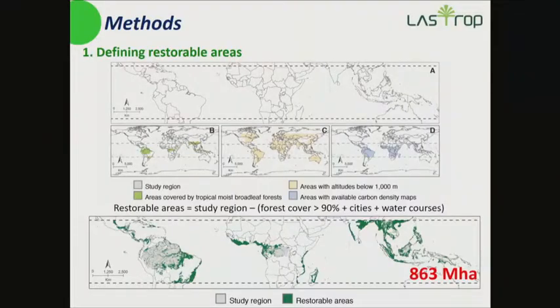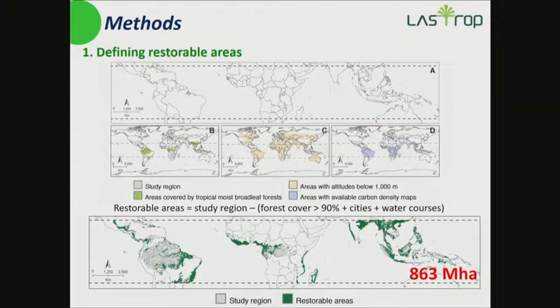So for developing this work, we first had to identify which were our restorable areas. As study area, we considered the global distribution of moist broadleaf tropical forests, but also we considered the areas with global maps on carbon density and areas below 1,000 meters of elevation.